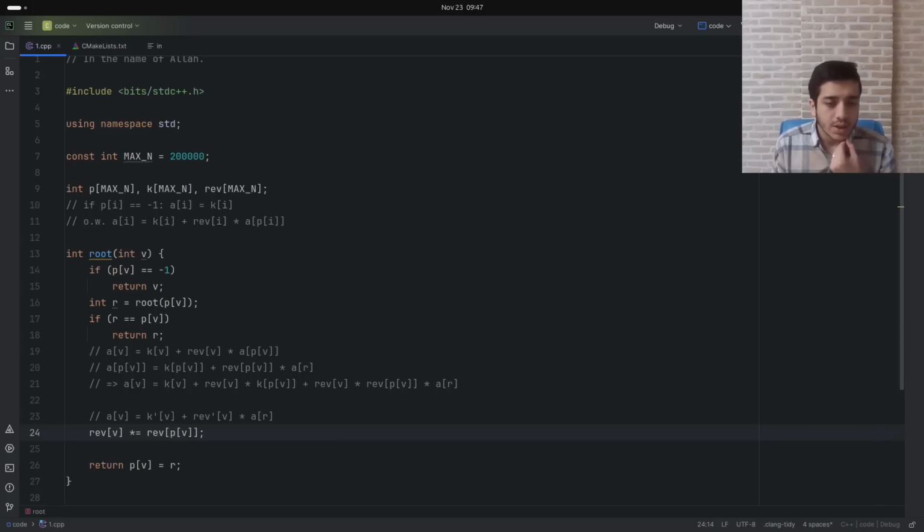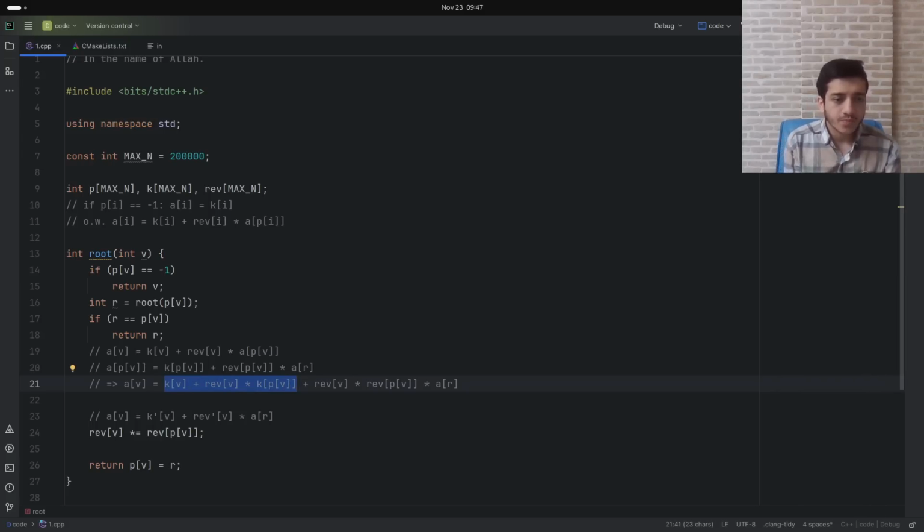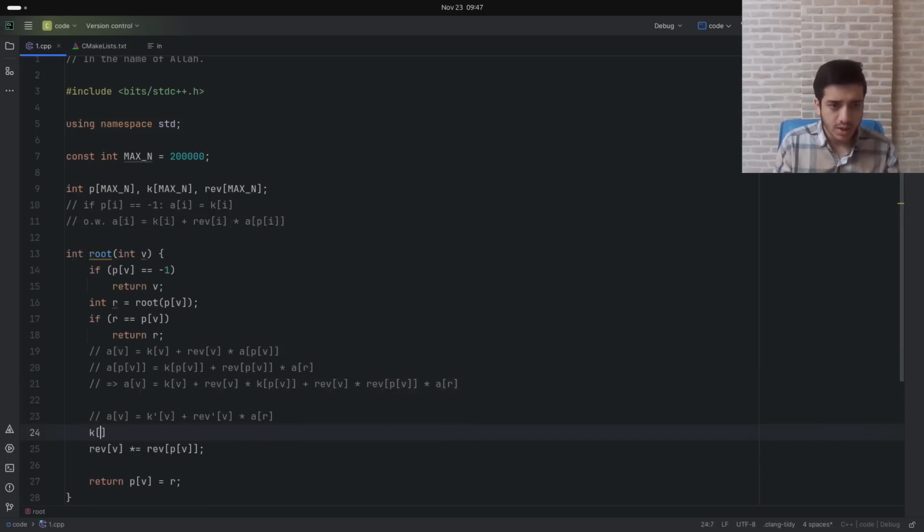And the only thing that remains is this. So we can say that K of V plus this equals rev V times K of this thing.